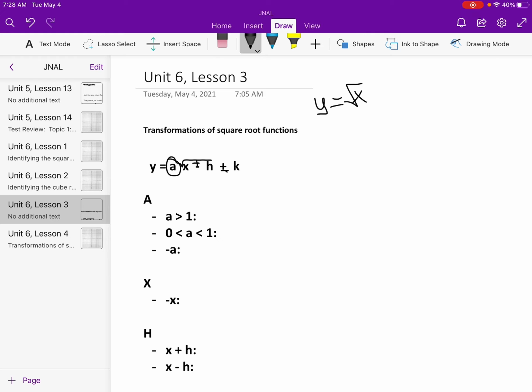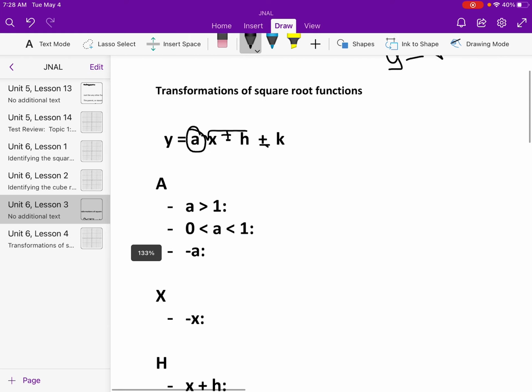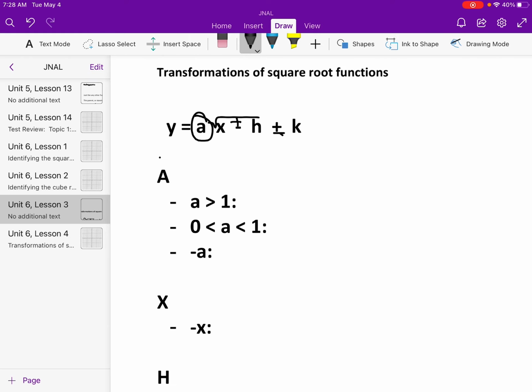So let's look at what happens for certain things that could happen to a. If a is greater than 1, then we have what's called a vertical stretch. Oh, that's not how you spell stretch. So vertical stretch if you have that. But if a is between 0 and 1, then you have a vertical compression.